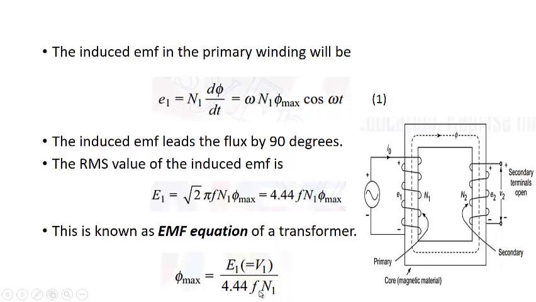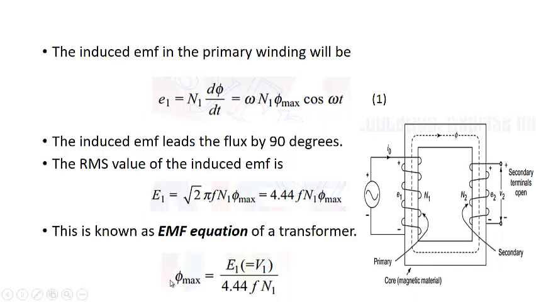And from this equation, you will see that V1 and f are the properties of the input voltage source. So when we supply some voltage with some frequency, it becomes fixed. And by construction, we have already designed the transformer for certain values. You will see that N1 will also be constant by the construction.